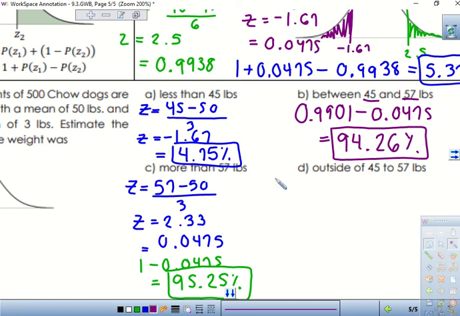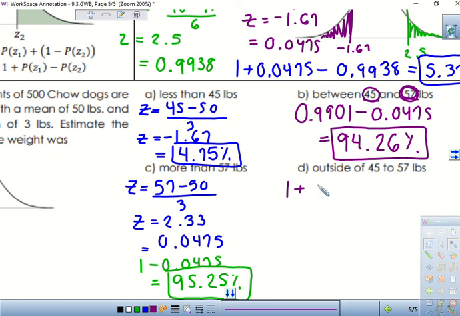And then the next one wants to know outside of the two. So for this one, we do 1 plus the first one minus the second one. In this case, this one is the second one and this one is the first one.